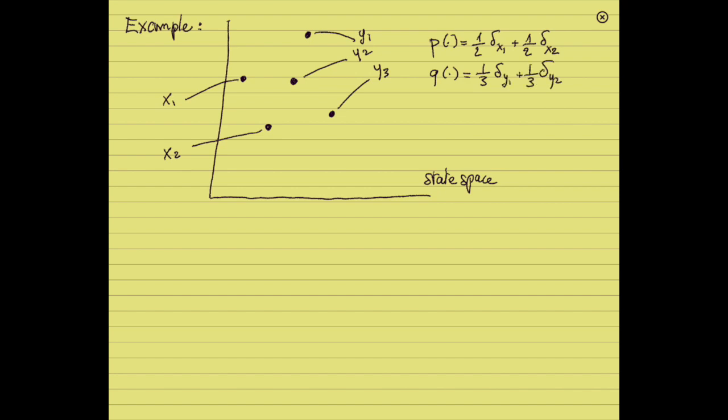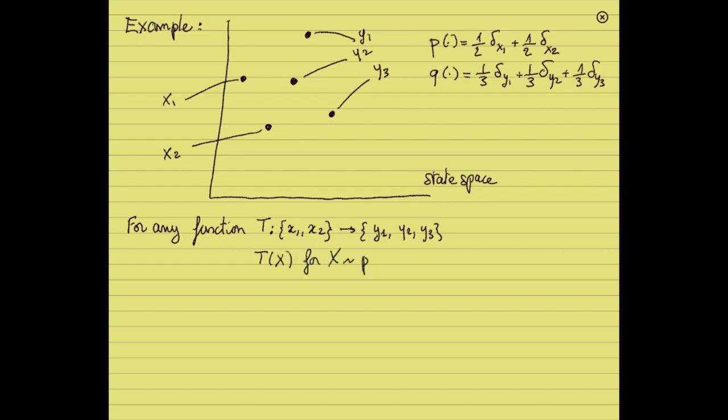Likewise, we define Q as an equally weighted sum of Dirac masses on y1, y2, and y3. We can choose any function T that maps x1, x2 to any of y1, y2, y3.